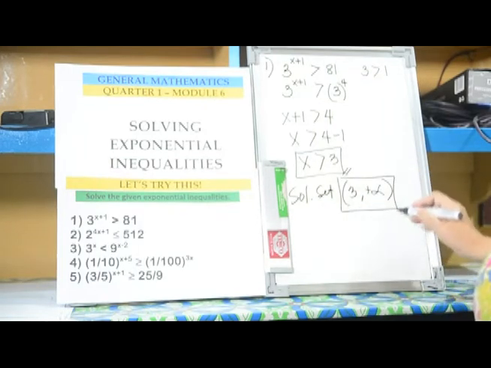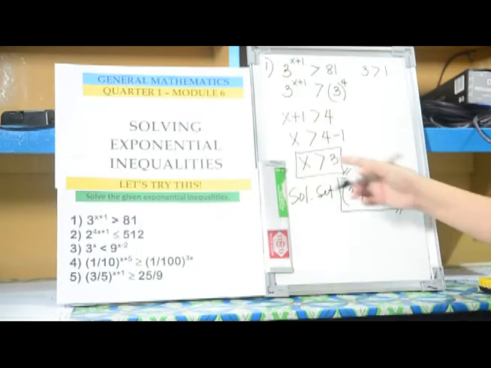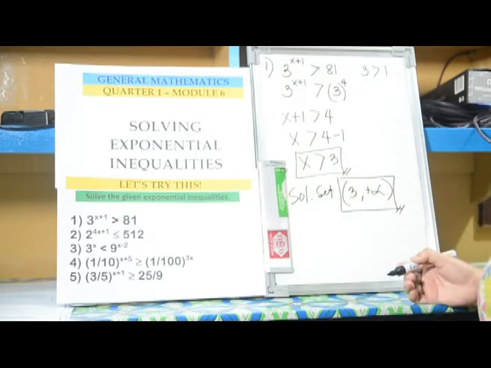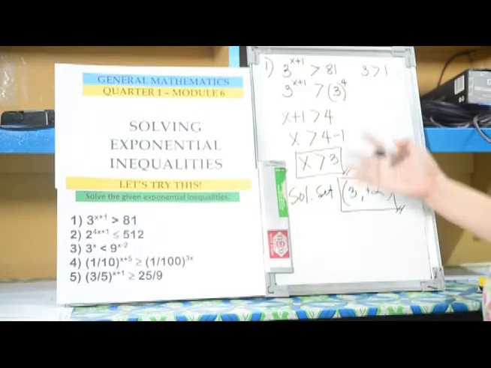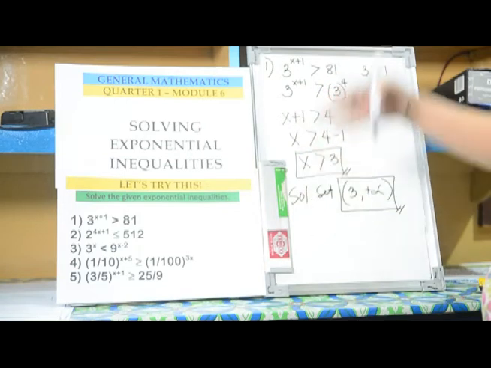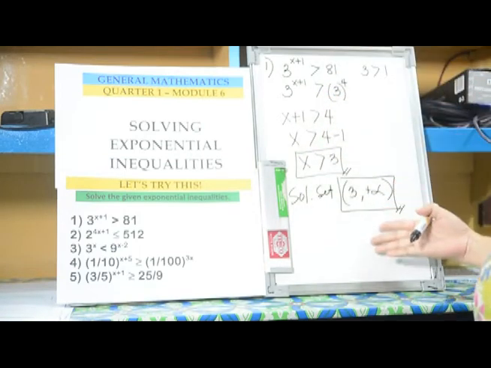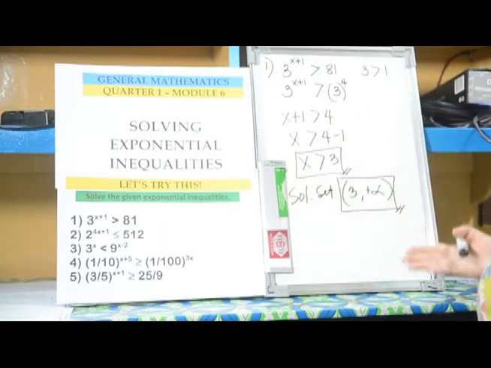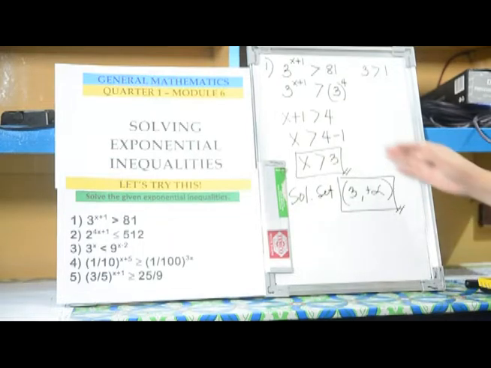For this one here, 3 is not included as your solution. So more than 3 to infinity will be applicable as the solution for the given exponential inequality. That is the solution for number 1. I hope you'll get it. You have to end up with the solution set, not only up to here.